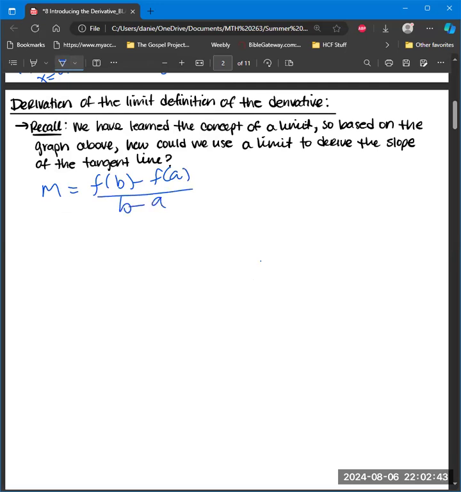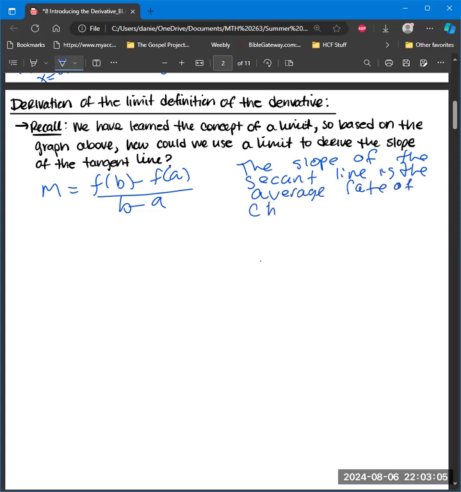The slope of the secant line is the average rate of change of f of x on the closed interval a, b. That's from pre-calculus.